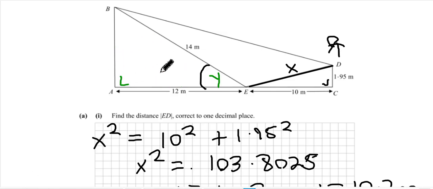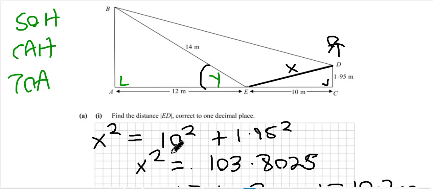Now, this means we can do this 2 different ways. We can probably do SOHCAHTOA. Now we have to choose which one we're using. What 2 sides do we have? 14 is the what, guys? Yeah, it's the hypotenuse. The 12 is what?